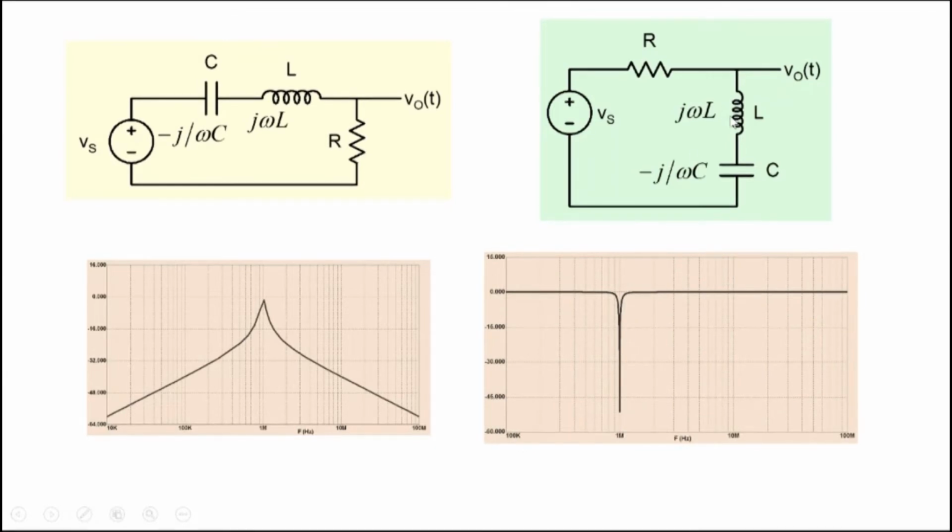So if there is a frequency which you are interested in rejecting, now what happens is many times when we are building circuits, the circuit is of course powered with a power supply, and the DC voltage in the power supply is obtained from the AC, which is a 50 Hertz signal.